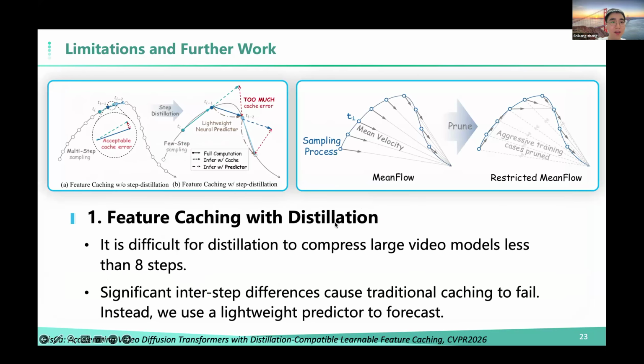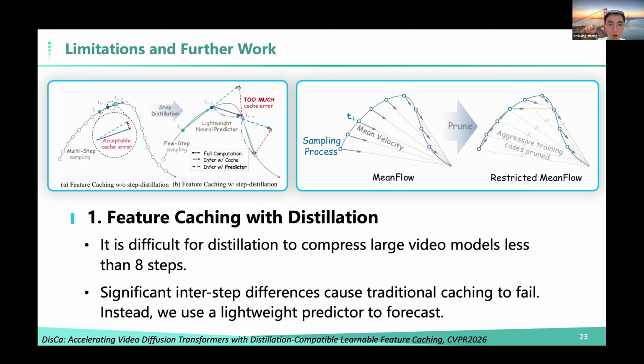So based on these limitations, we have some further works. First is feature caching with distillation, as I just said. It is pretty hard for traditional feature caching methods to adapt to the huge interstep differences with distillation models.